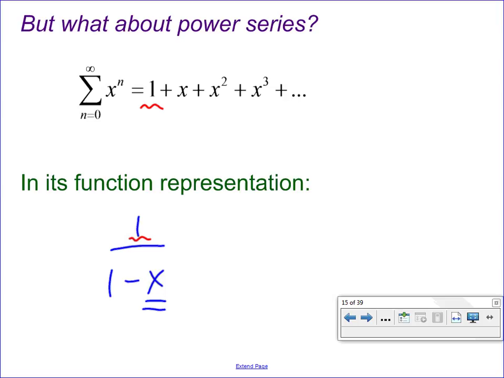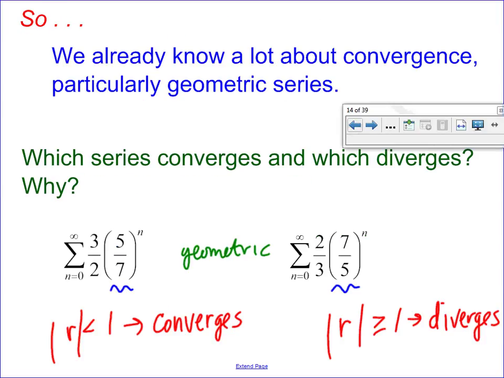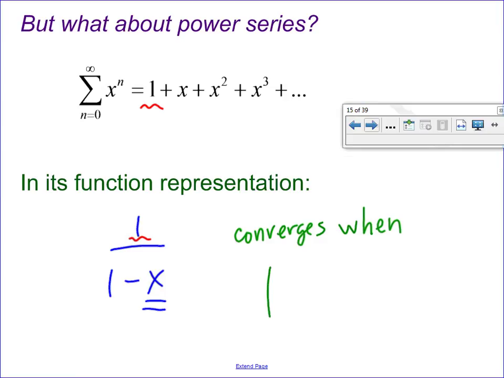And so where does this converge? Well, this converges when the absolute value of, now my ratio, symbolically x, is strictly less than 1. So it converges when the absolute value of x is less than 1. We will refer to this as the radius of convergence.